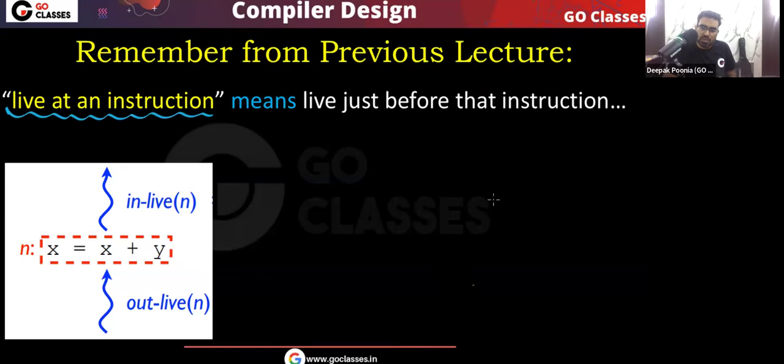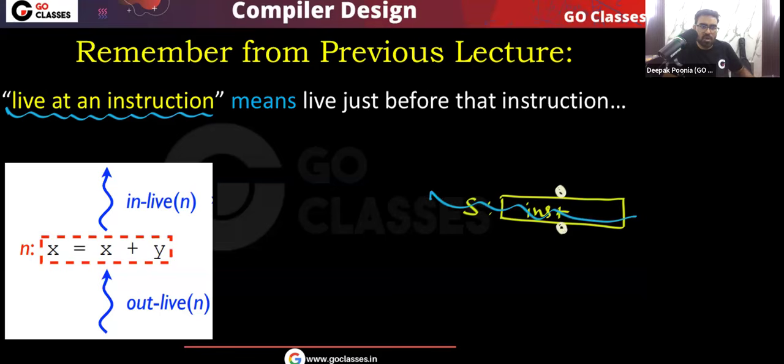Remember, I told you that for every instruction S, there are two program points, one immediately before it and one immediately after it. There is no program point on an instruction itself.